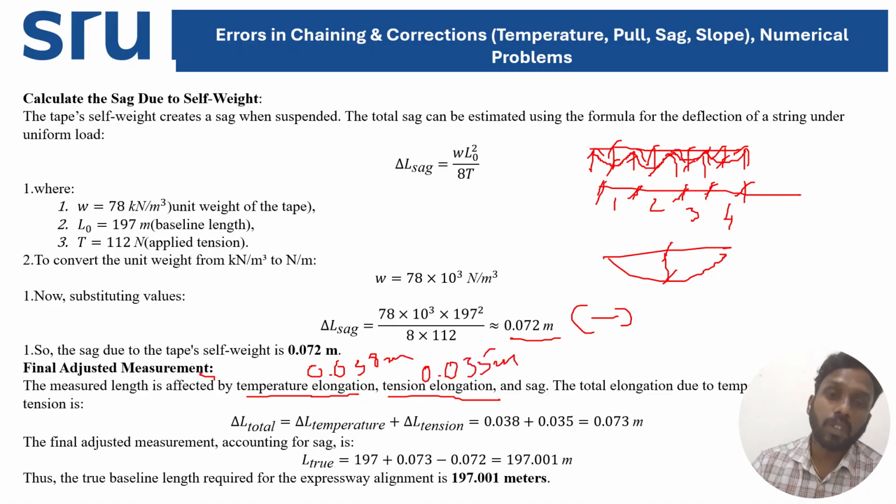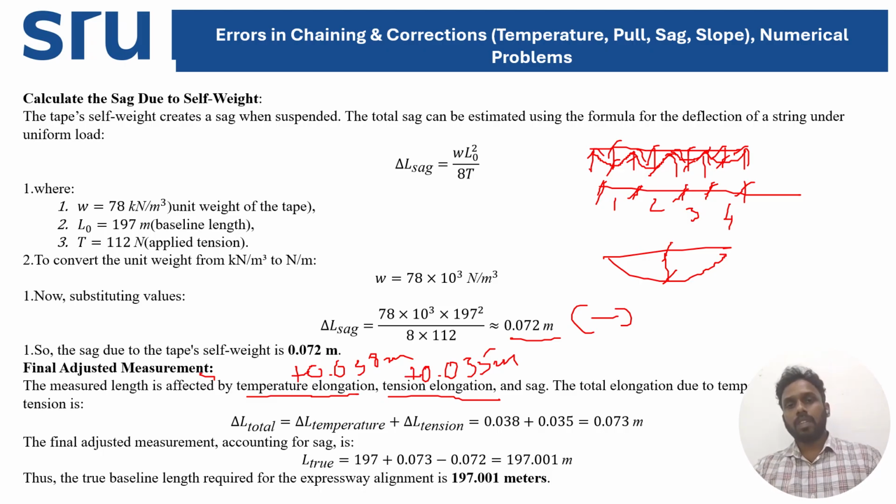So both are positive errors, okay, because you got your temperature already in a positive way, so we are adding this here, and this tension elongation is also positive, so we are adding this also, right?